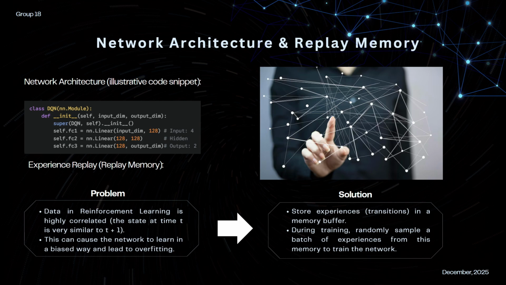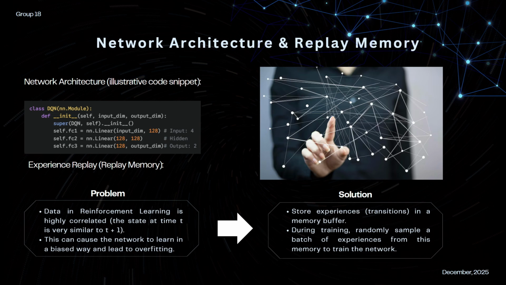Experience replay is a crucial technique implemented in reinforcement learning. Consecutive data samples are highly correlated. If we train the network on sequential frames, it might overfit or forget previous experiences.